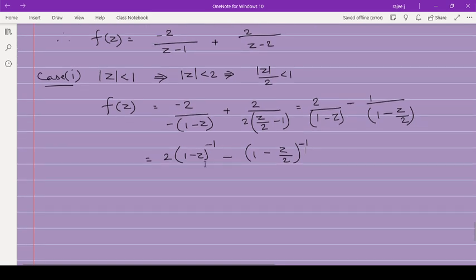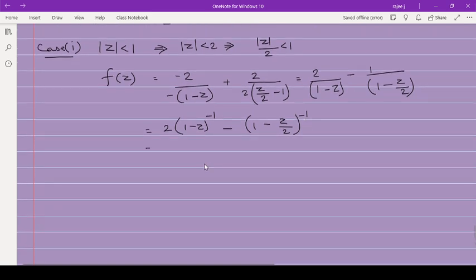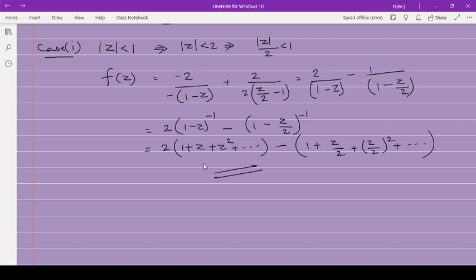Now just expand this using series expansion. So 2 into 1 plus z plus z square plus etc., minus 1 plus z by 2 plus z by 2 square plus etc. Okay, done. This is case 1.